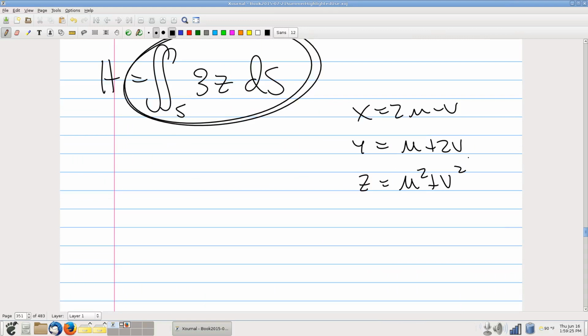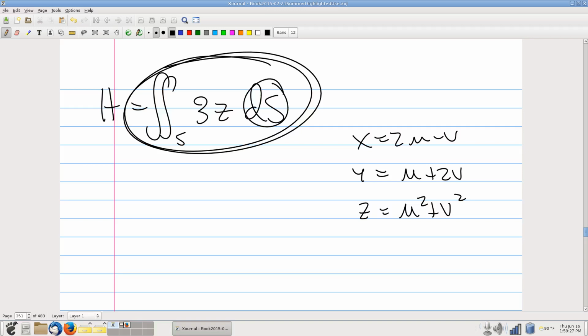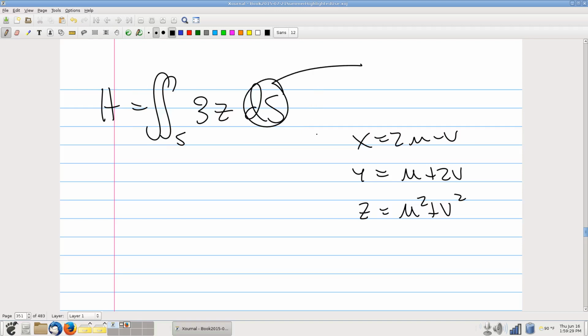Okay, so this dS thing that we're interested in is the length of capital N du dv. That's just our usual formula. Everybody good? Okay. So I'm going to have to compute capital N, which means I have to compute x_u and x_v.